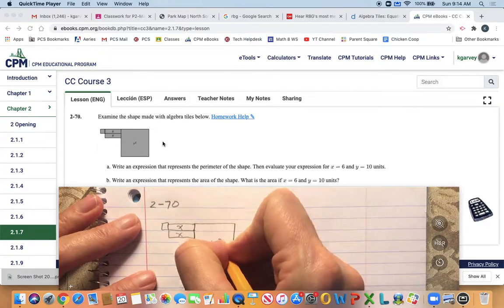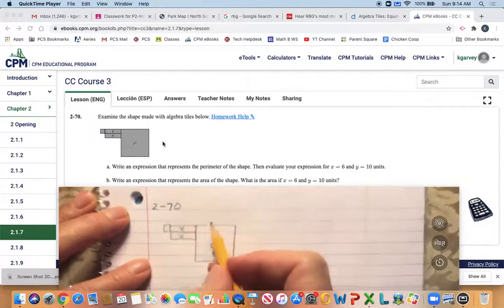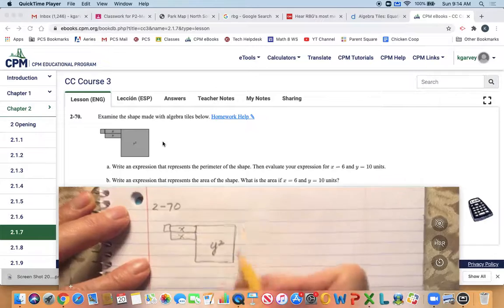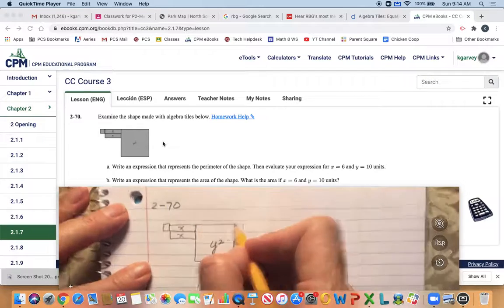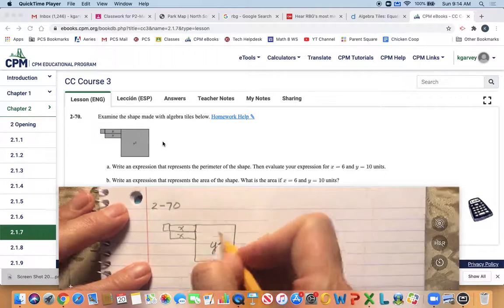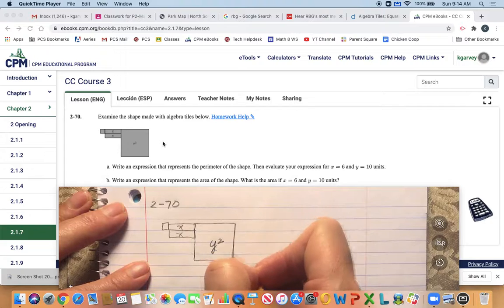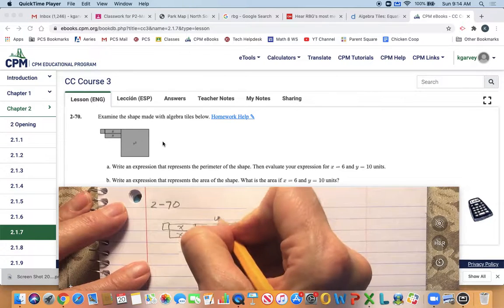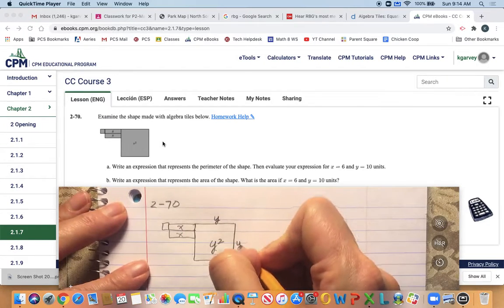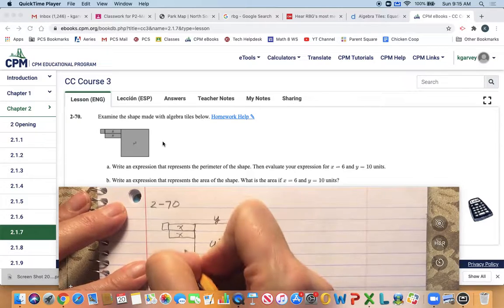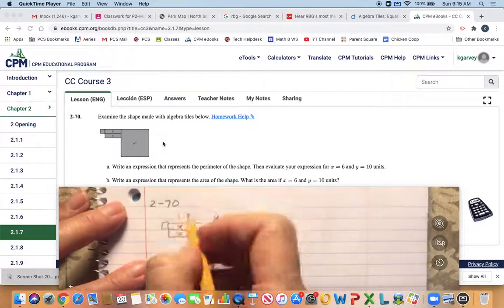So Y squared. All right, so now because we need to find the distance around, I'm going to label the sides. Since this is Y squared, I know it's Y by Y. So the sides are going to be Y's. So I'm going to put Y by each of the sides.